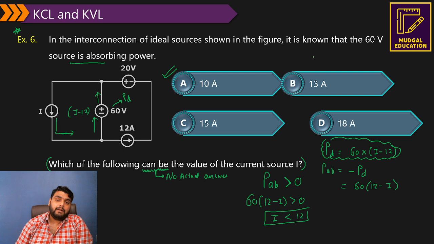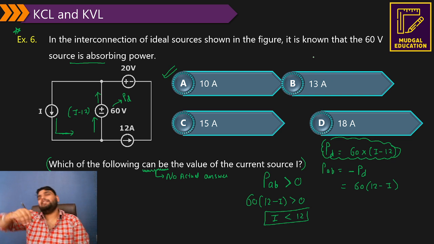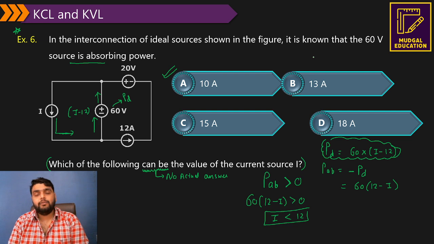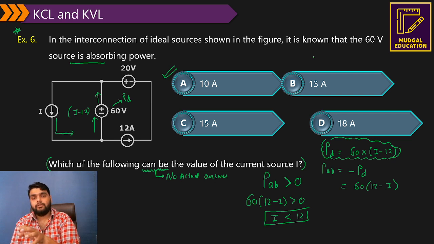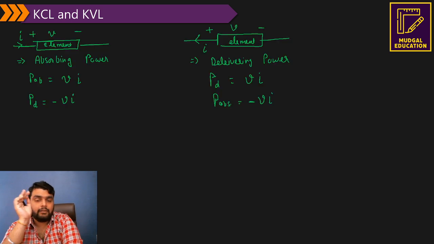So for absorbing power, the power absorbed should be more than 0. Because if it comes out to be negative, then again you will say that it is opposite. Okay, the negative sign only tells you the opposite. For example, if you are calculating the direction of current and a negative sign comes out, it means the direction of current is opposite. If you are calculating a voltage and a negative sign comes out, it means the polarity of voltage is opposite. Okay, so this way the negative sign is very important.